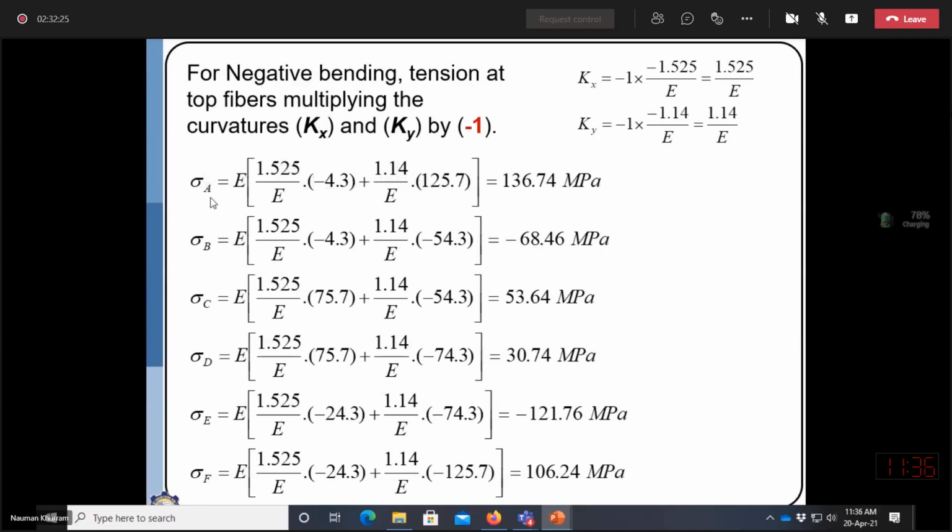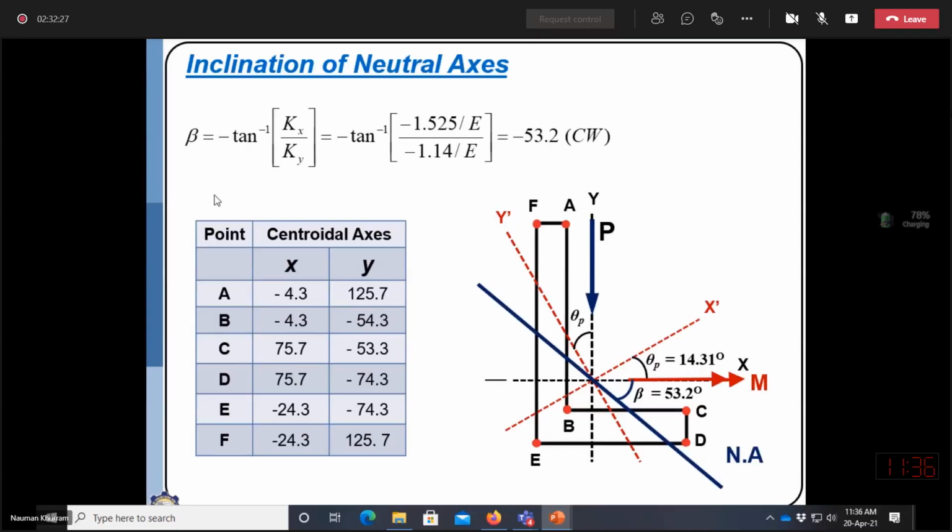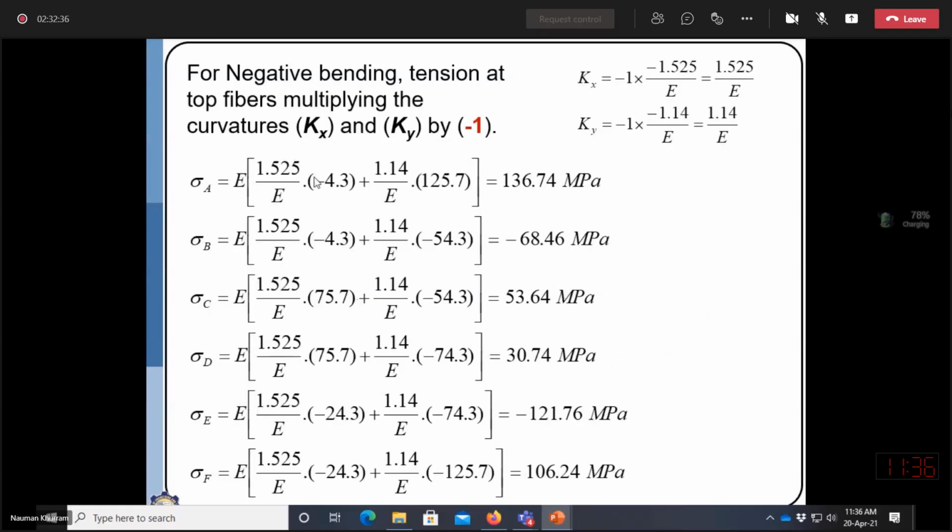So if we want to determine stress at point A, x is minus 4.3 and y is 125.7.